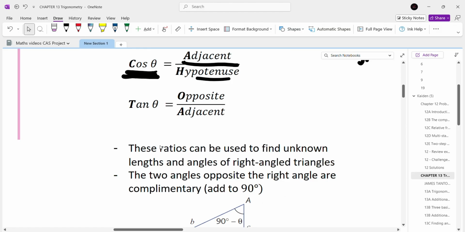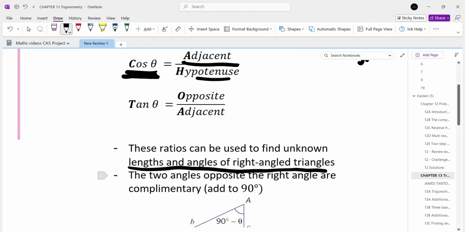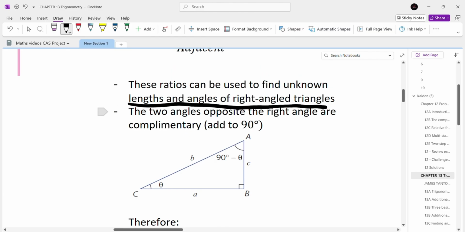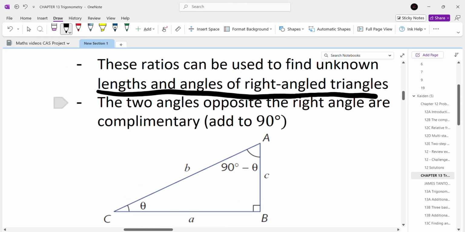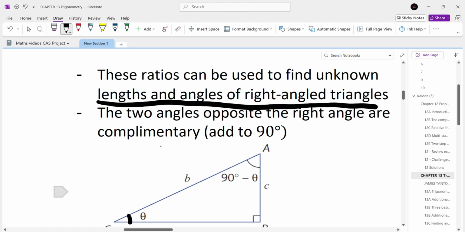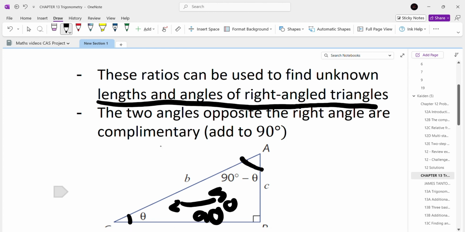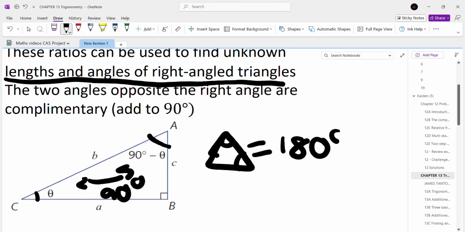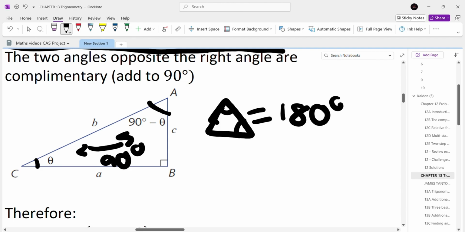These ratios can be used to find a number of lengths and angles, as we showed earlier, and the two angles opposite to the right angle are complementary. So these two angles will always add up to 90 degrees. Because remember, in a triangle all the angles inside sum up to 180 degrees. And since this is a right angle triangle, we already have an established right angle here.